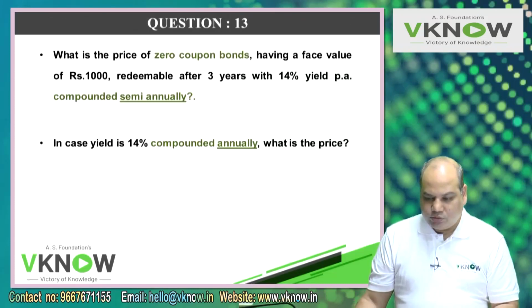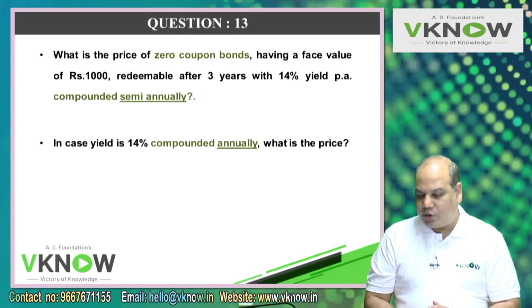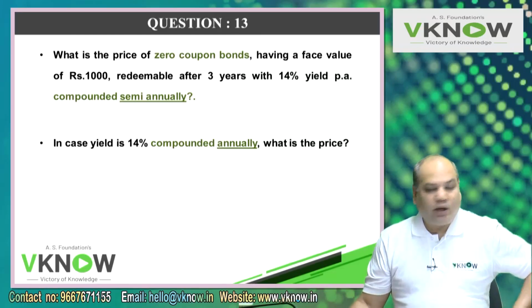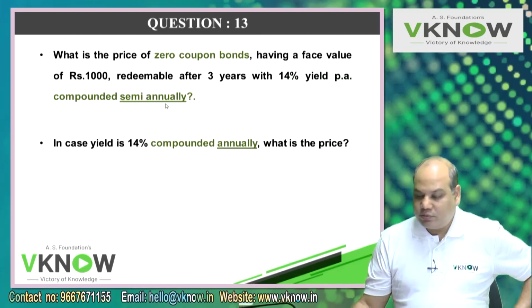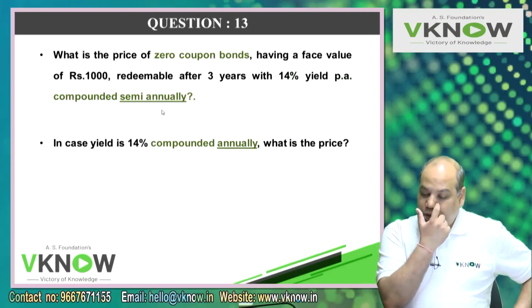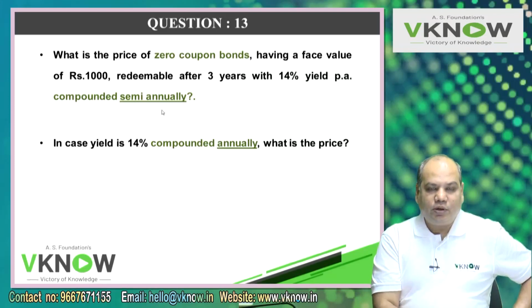Now we'll go to the next question. Same problem, but this time I will add one more feature, that the required rate of return is 14% per annum compounded semi-annually. No worries. You know, if the rate of return is compounded semi-annually, what you will do?